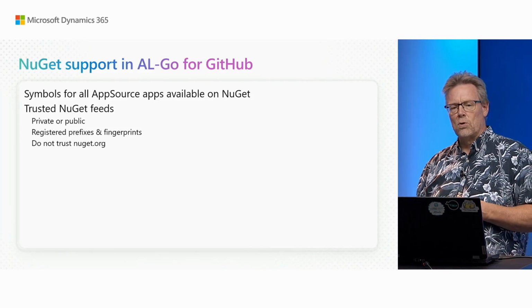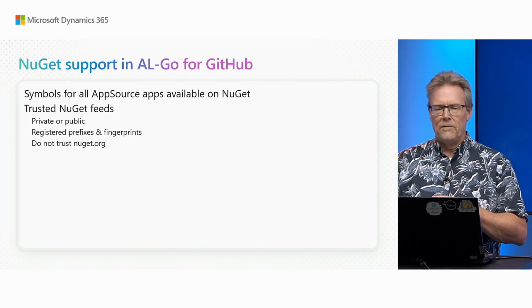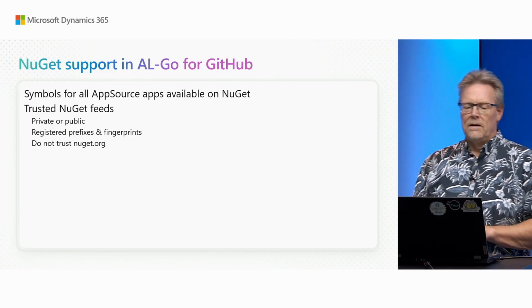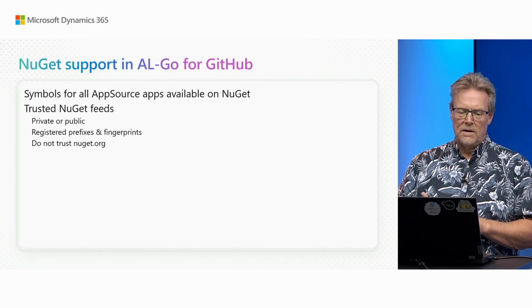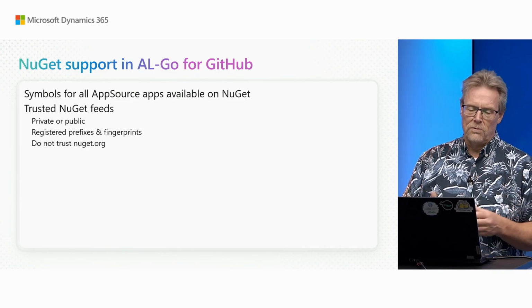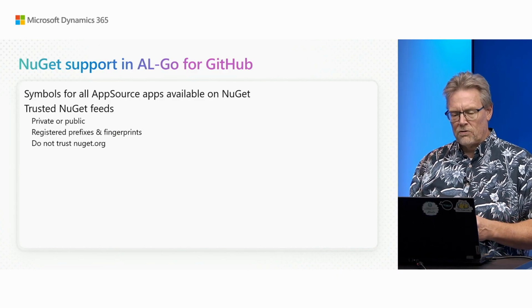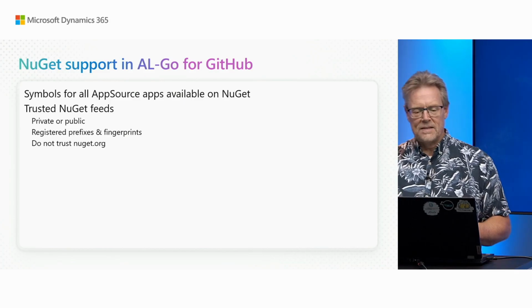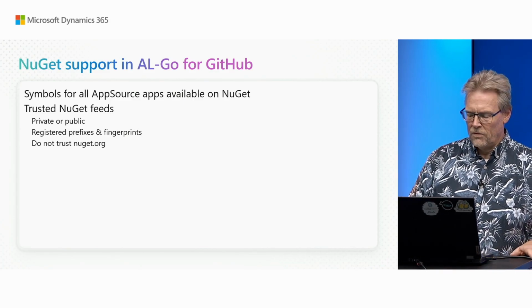AL-Go for GitHub supports trusting NuGet feeds, so you can trust either private NuGet feeds or public NuGet feeds. If you're trusting a public NuGet feed, you can register prefixes and fingerprints to ensure that you're not getting packages that you don't really trust. And normally you should not trust NuGet.org unless you're trusting registered prefixes or fingerprints.